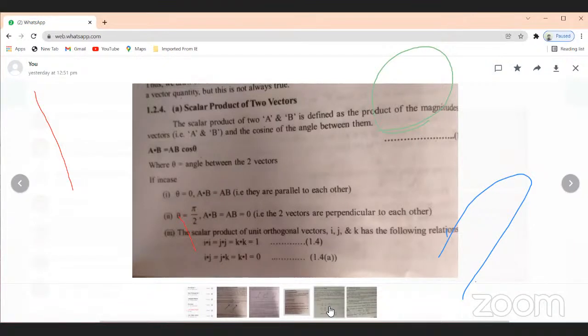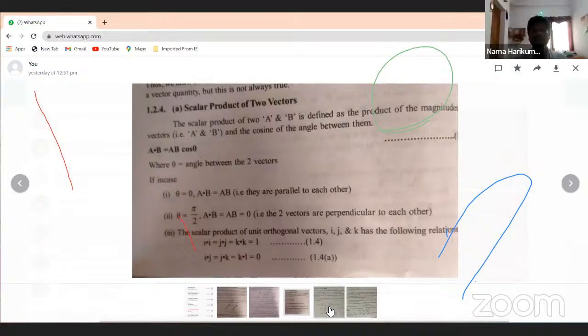It is clear. Right. So next one is the non-unique case. I dot j, j dot k, k dot I is always equal to 0. Okay. One more: A dot b equals ab cos theta.